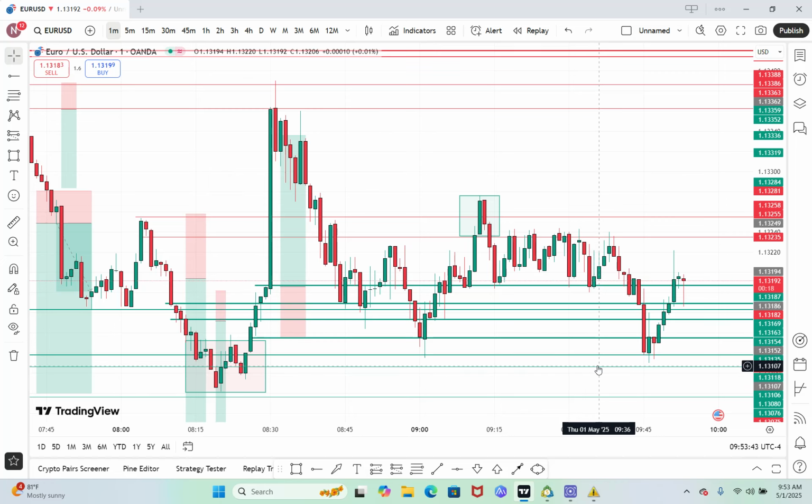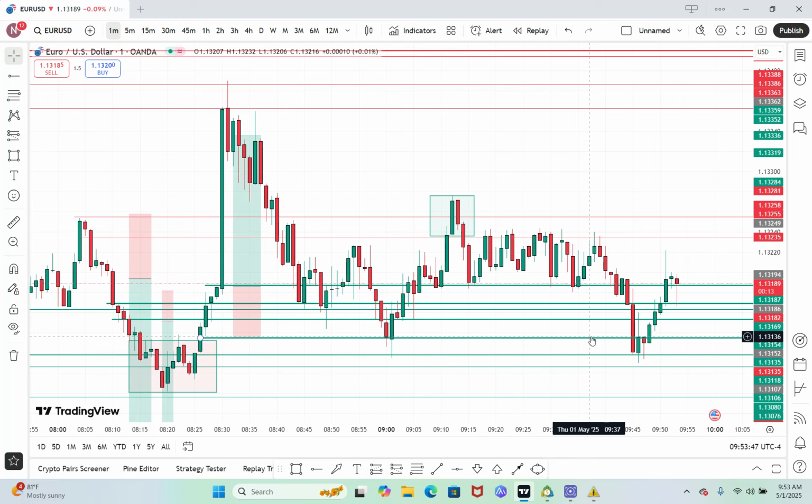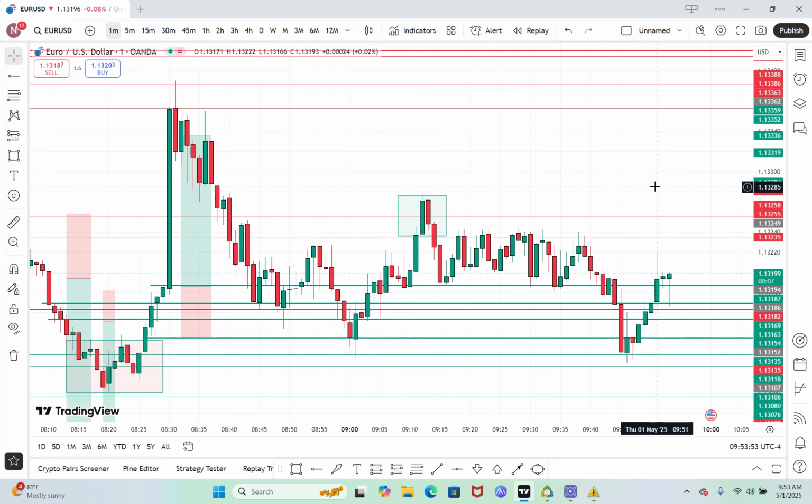Then if we have that confirmation, we'll be able to make a move. Once we have that evidence, we'll be able to make a move to the upside or the downside.